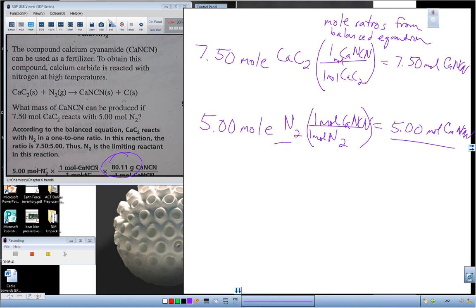Like when you looked at this at the very beginning, you saw that there were fewer moles of this, and so you figured that was going to be limiting. Yes, absolutely. If your balanced equation worked out to have a different relationship between product and reactant, then that could totally change this end result. Good question. If you had different mole ratios, it could change what was actually limiting.